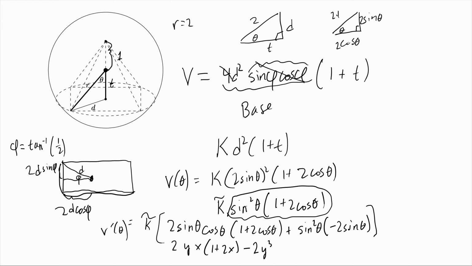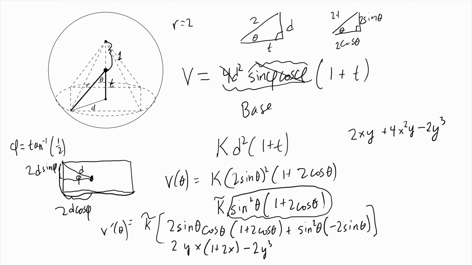Because sine is y and cosine is x. So we'll be left with 2xy plus 4x squared y, and then we get minus 2y cubed.